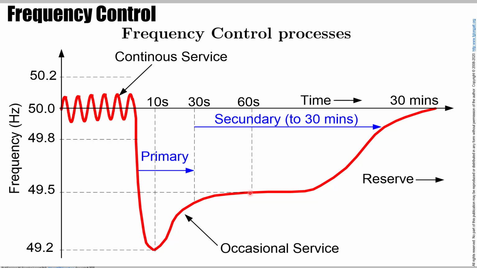And that is the moment when the secondary controller starts to jump in and recover the frequency to the nominal frequency, okay? That is basically a very generic and very basic description of the frequency control processes in a power system, okay?